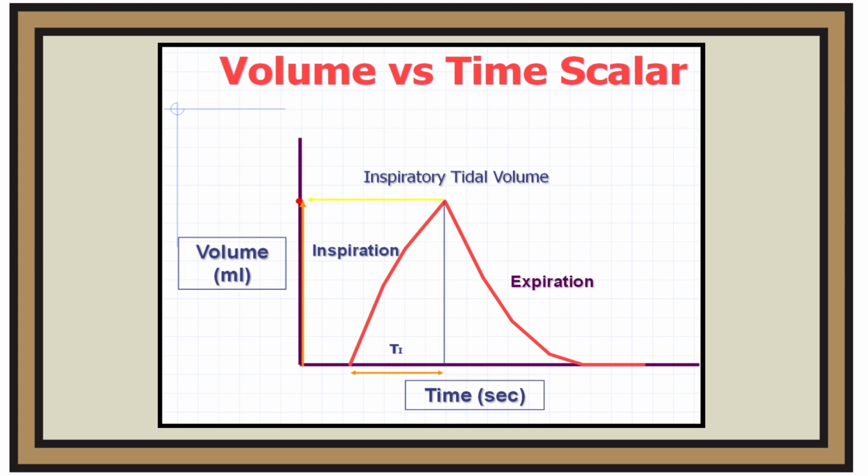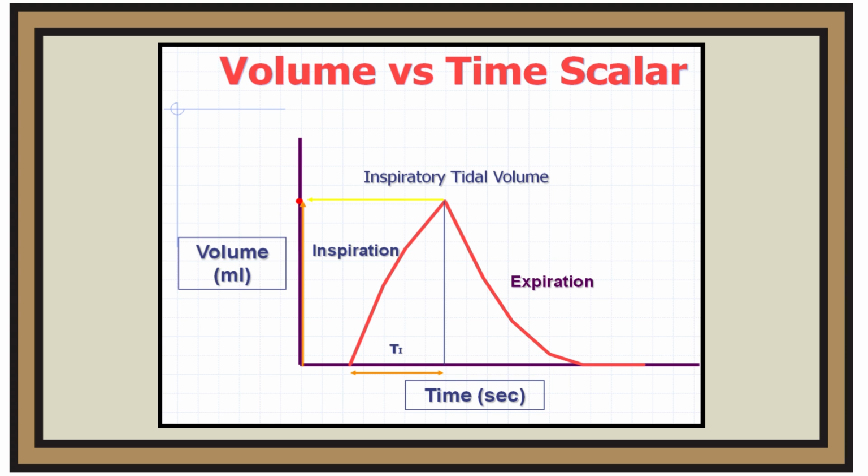Information obtained from the volume versus time scalar graph include a visual representation of inspiratory tidal volume, inspiratory phase, inspiratory time, and inspiratory hold if applied.